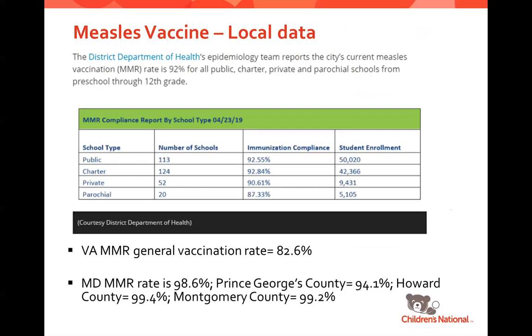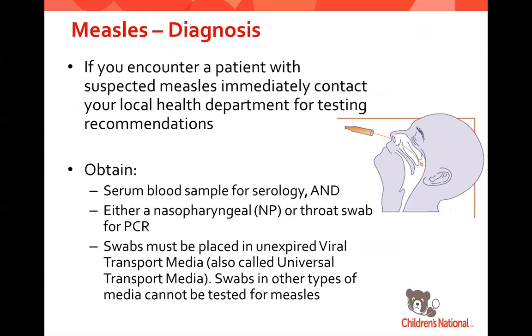Luckily, those 4 cases of measles that have been reported in Maryland thus far as I know, and I just looked this morning on the Maryland Department of Health website, there have been no additional cases reported. So likely that has a lot to do with this high level of measles, mumps, and rubella vaccination in the area. So kudos to Maryland for its high vaccination rate.